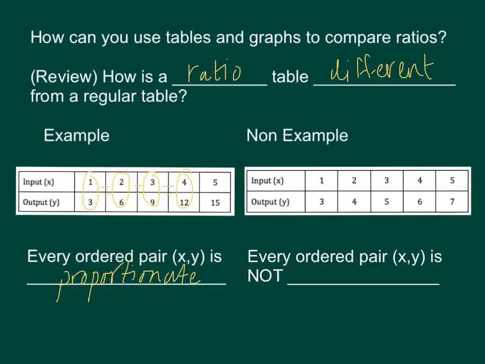They all reduce to the same ratio. However, in our non-example, 1/3 does not equal 2/4, which does not equal 3/5, and so on. Every ordered pair is not proportionate, which means they are not equal.